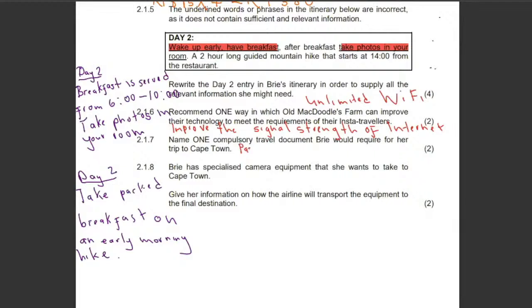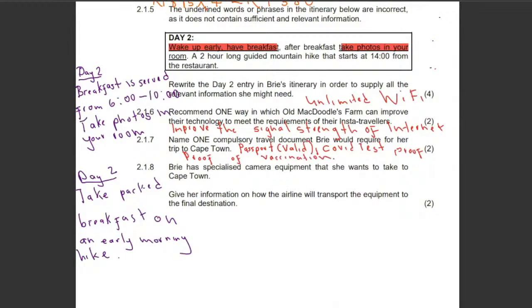Passport, and whenever you write passport, indicate valid passport. Then negative COVID test. Then proof of vaccination.